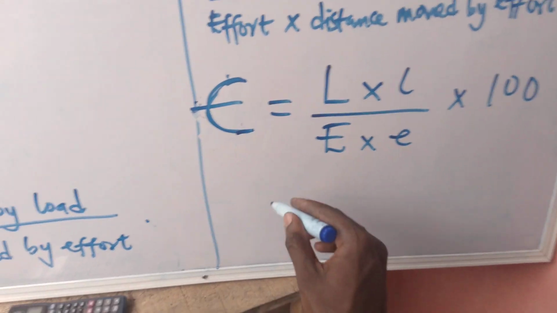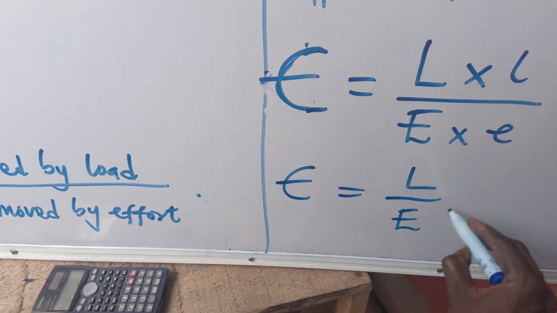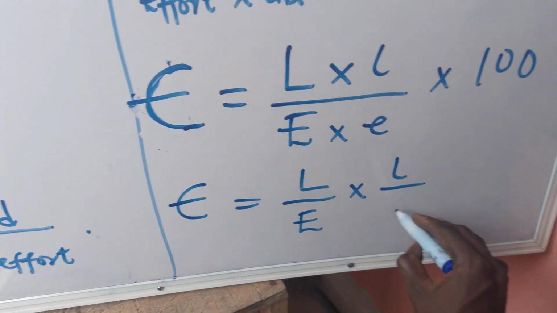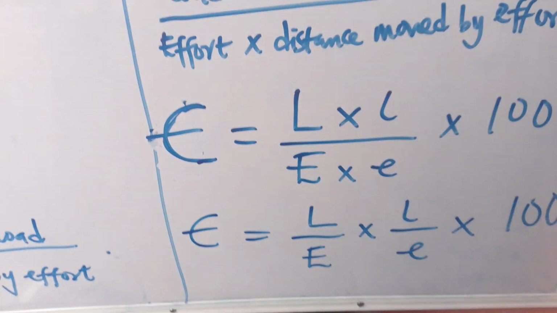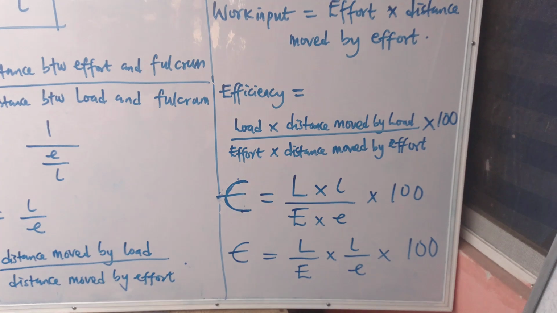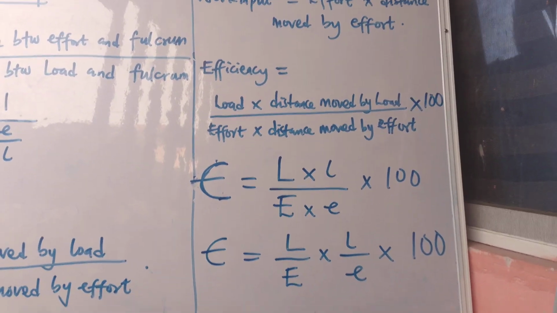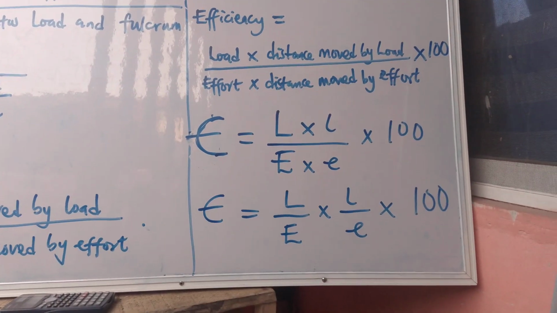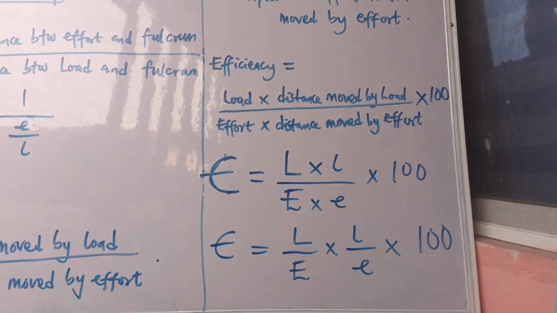And if I split them, efficiency is equal to load over effort times distance moved by load over distance moved by effort, multiplied by 100. That's what we're having.